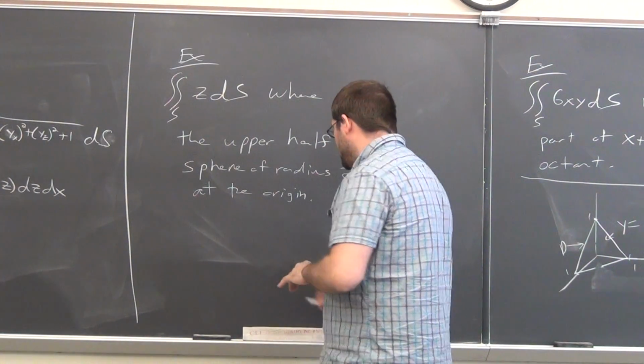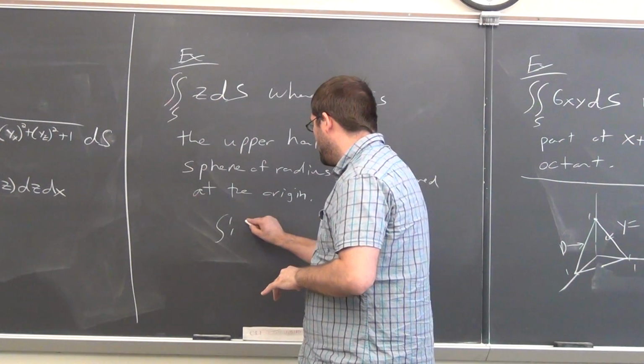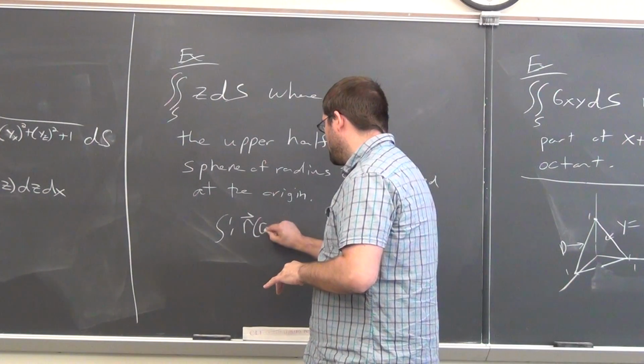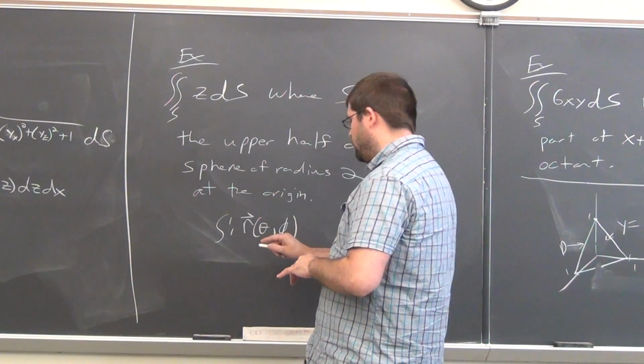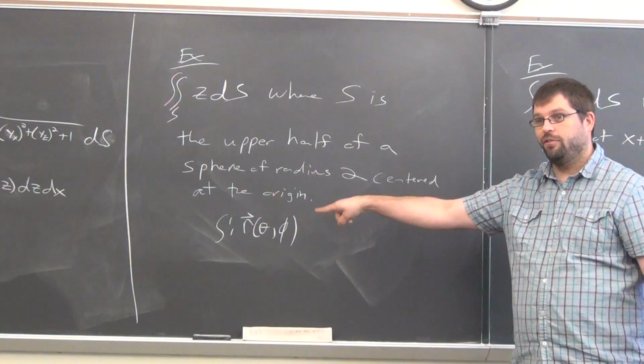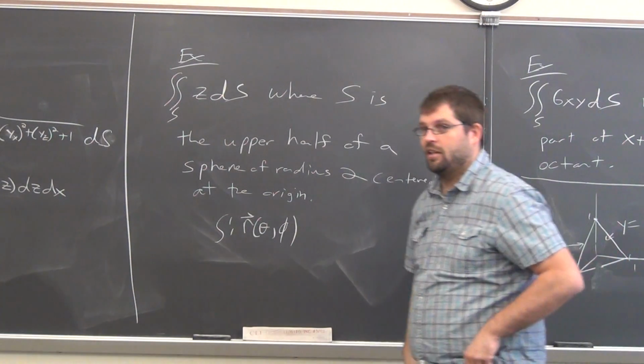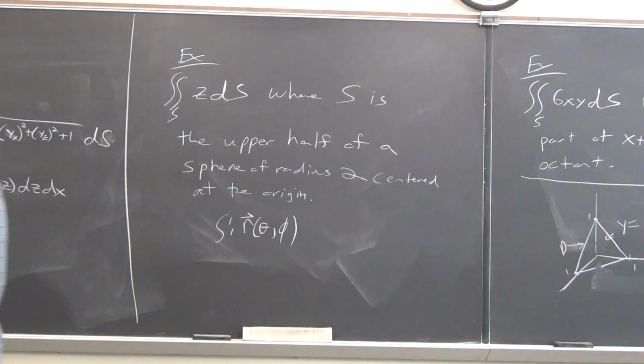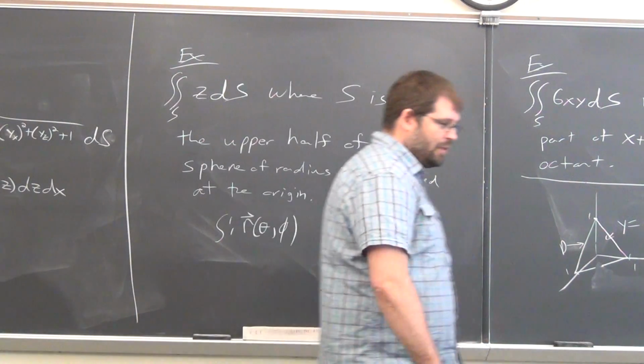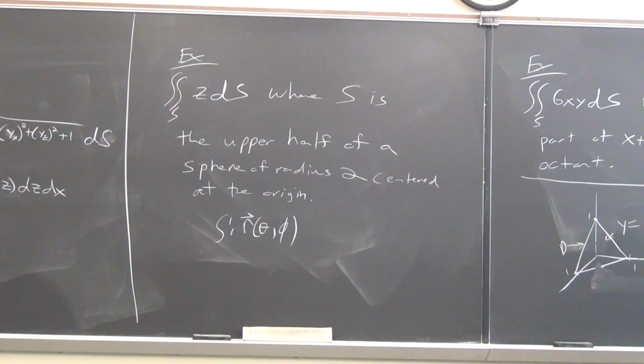So see if you can come up with a parameterization of this, and my hint will be that the natural way should be as a function of theta and phi again. Like I said, there's a good chance on a test I might give you the parameterization, but let's practice that as long as we're here. See if you can come up with that in a few minutes.